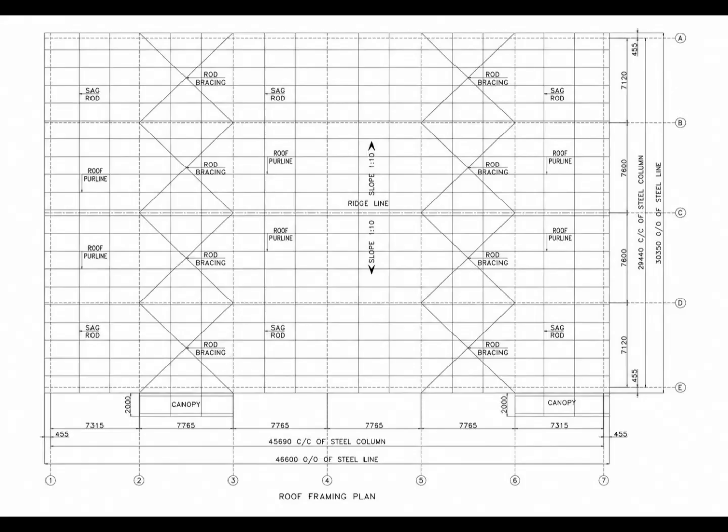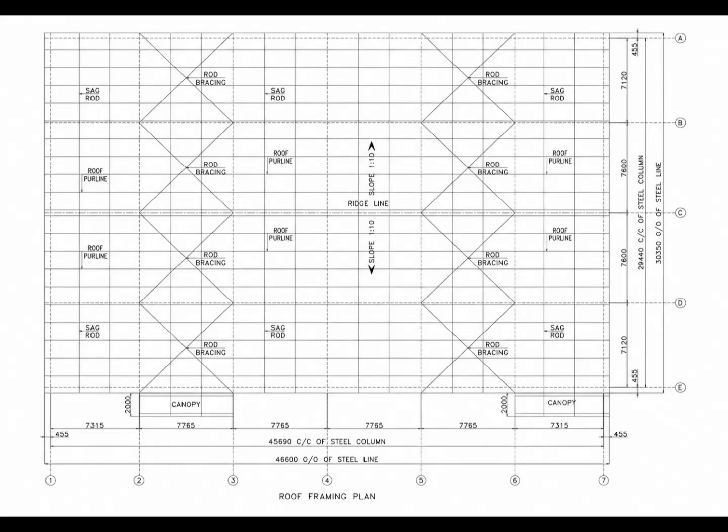Now look at the dimensions around the roof plan. The drawing shows individual bay dimensions such as 7,315 mm and 7,765 mm. It also shows the overall steel column spacing dimension of approximately 45,690 mm center to center of steel columns.